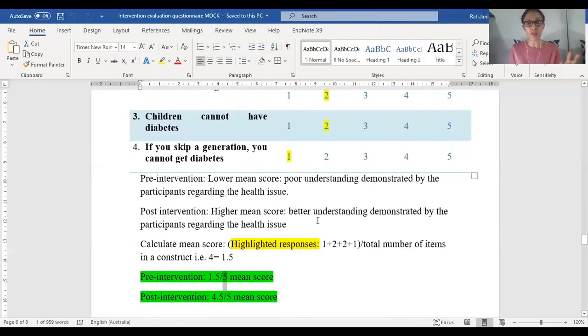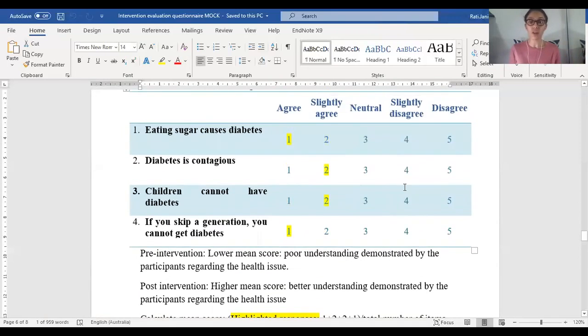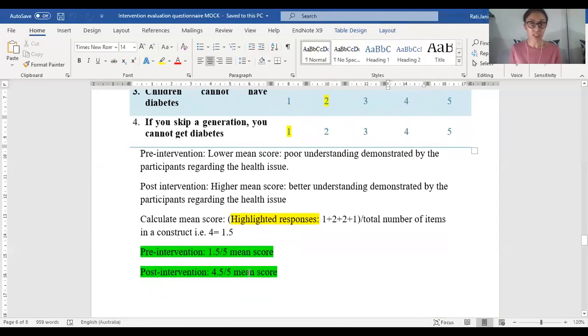Similarly, when you gave me the questionnaire after the intervention, maybe my responses were 4, 5, 5, 4. Then you do the same thing: 4 plus 5 plus 5 plus 4 divided by 4, and you get an average of 4.5 out of 5. Is this super clear how to calculate mean scores? Can't get more simple than this. This is how you calculate your mean scores.